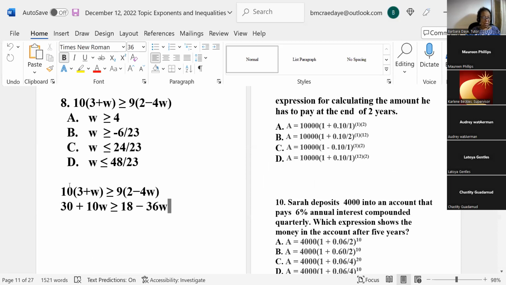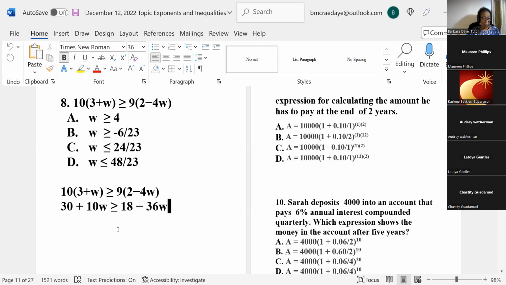So now you want to get all of your W's, preferably on the left, because your answer choices are putting a W on the left. So you want to get your minus 36W on the left side, and your 30 on the right side.